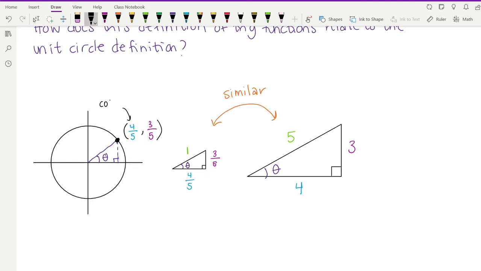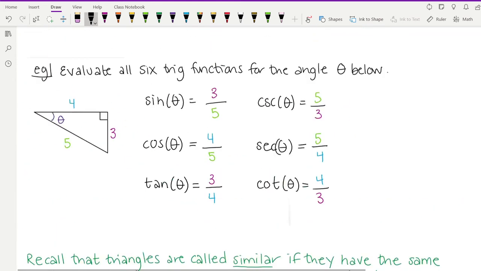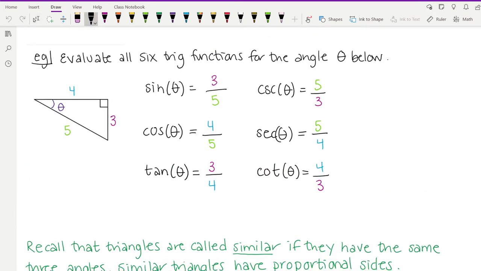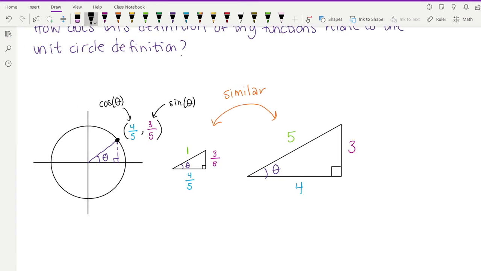So this would be cosine of theta and this would be sine of theta. And that's exactly what we got on the last page, when we did the same angle: sine of theta was 3/5, cosine of theta was 4/5. That's what we also found using the unit circle.